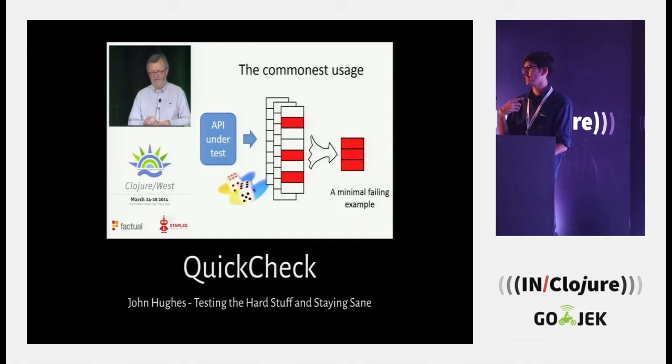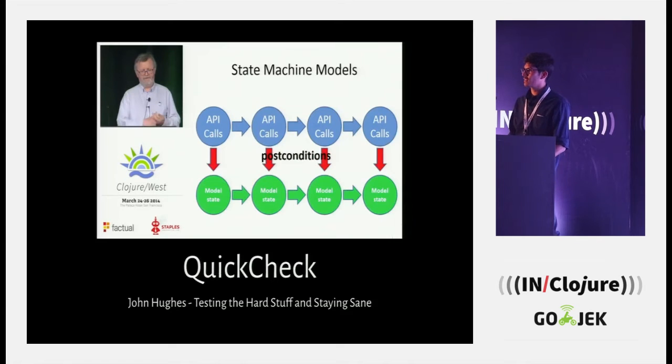So if the error arose in a sequence of 20 actions and the error is just a very particular sequence of 2 actions, it can actually shrink the input to the minimal failing example. And how you test the system is, of course, by making this API call and putting down the model of your system. Most often your system has a state machine. Your entire system would probably be a state machine, right?